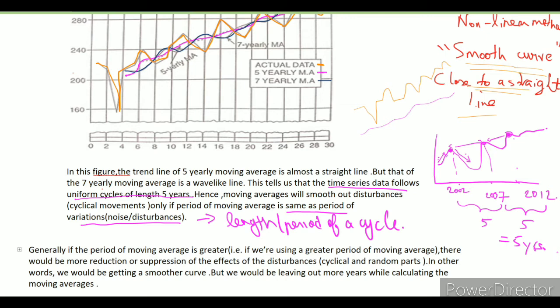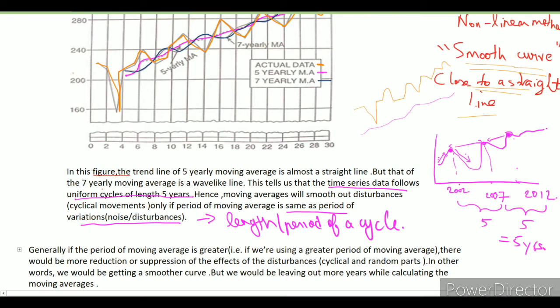So it depends on us. For the same data, we can fit a 3-year moving average, a 7-year, a 5-year, a 9-year, and so forth, until we get a smooth curve. And the choice of the period of moving average is the same.